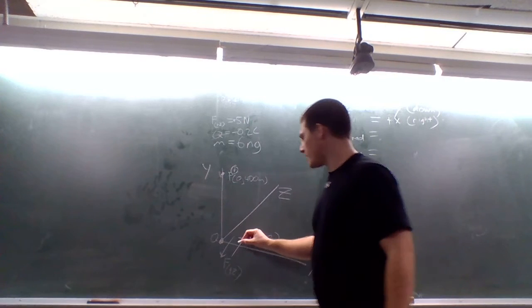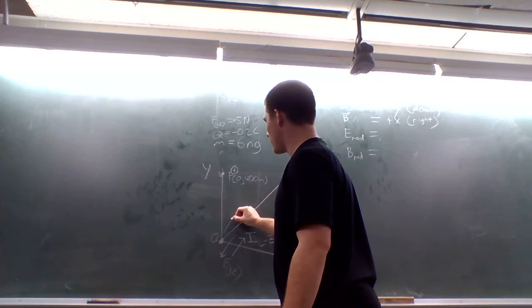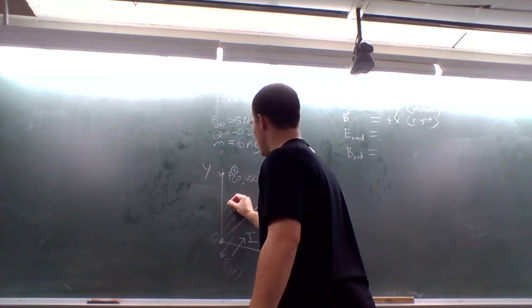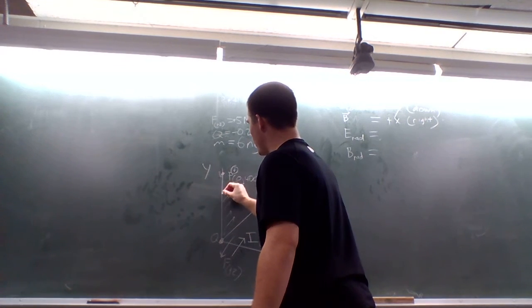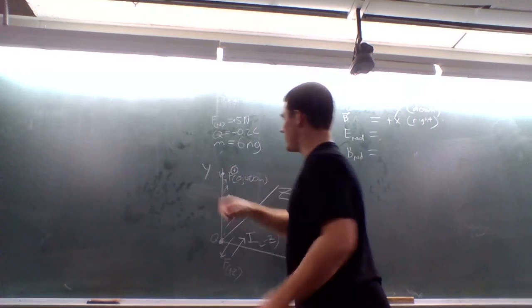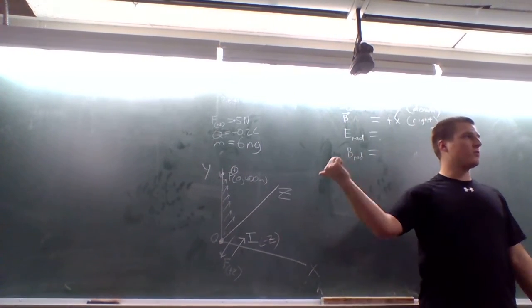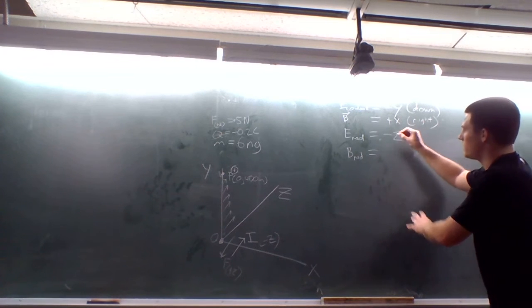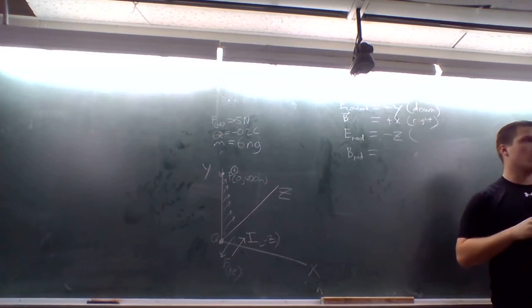Our current is in the negative Z, so what you'll end up with is basically these negative Z currents in this radiating field all the way up to P. You end up with, once again, a negative Z radiation field.